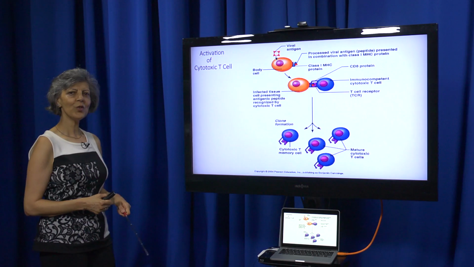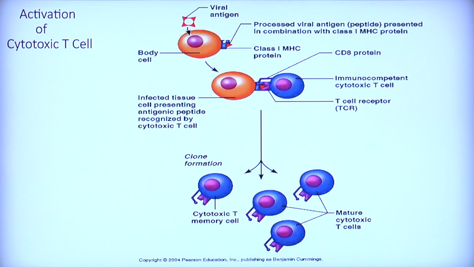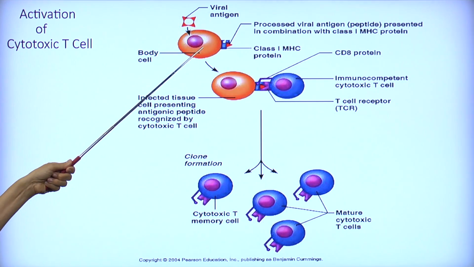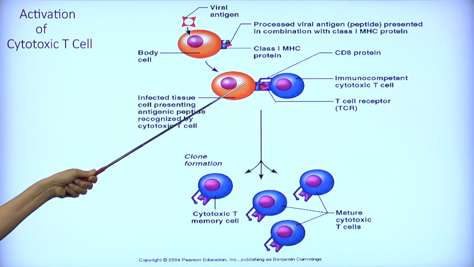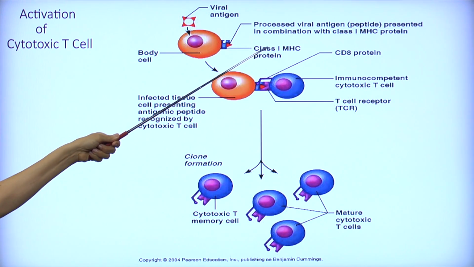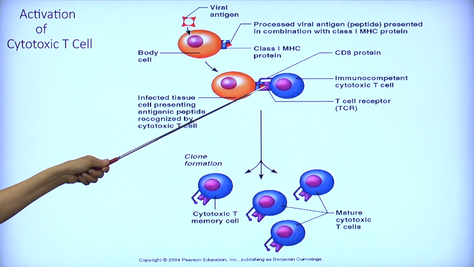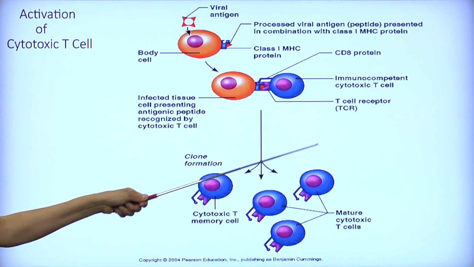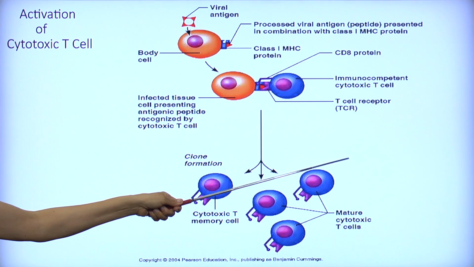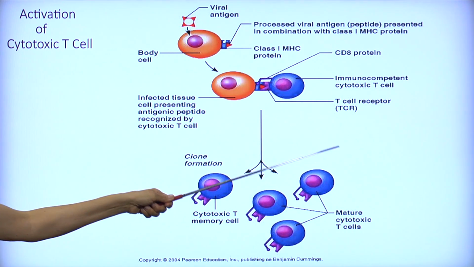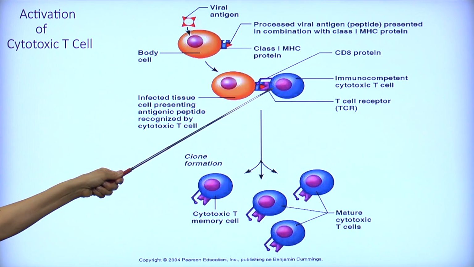What is the cytotoxic T cell going to do? So again, this is the cytotoxic T cell. When it is presented with an antigen on MHC1, it will be attracted and come to this area. And remember, it's not on this diagram, but it will receive signaling from the helper T cell.